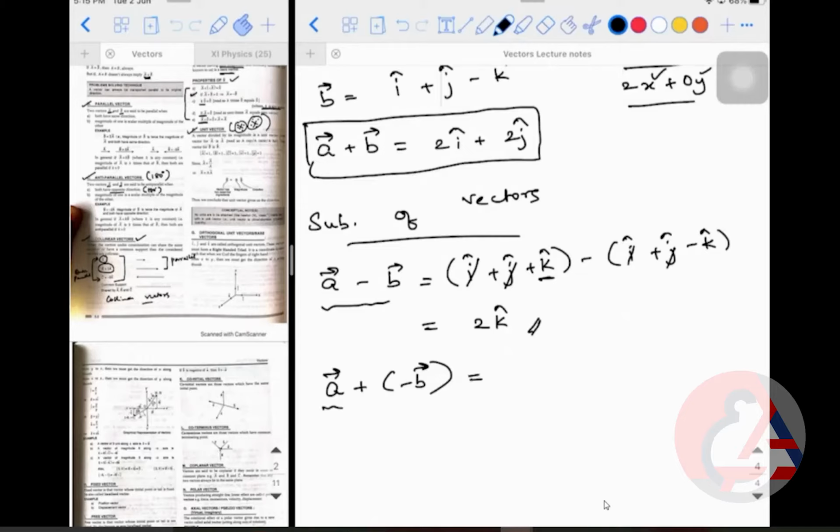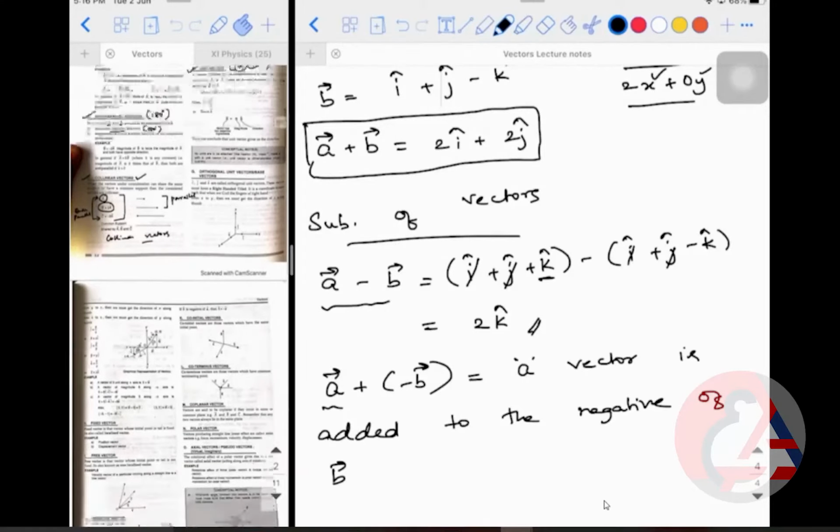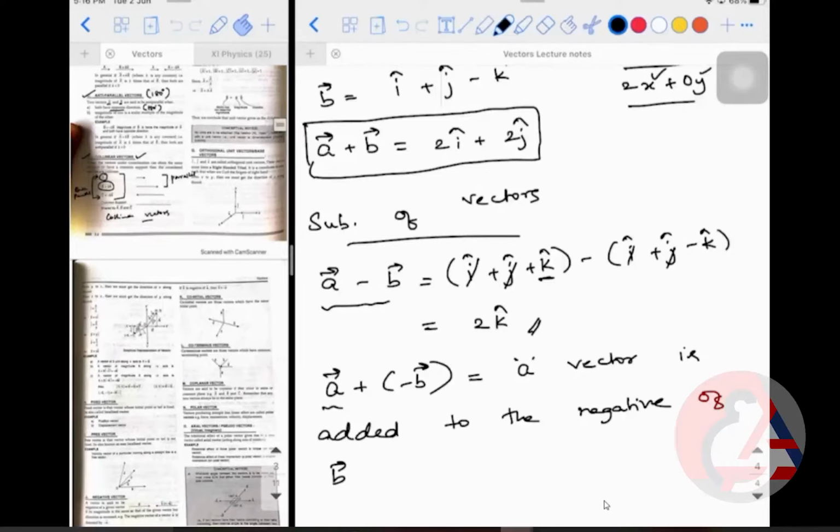So a vector is added to the negative of b vector. What I'm trying to conclude from this is subtraction of vectors is just the reverse process of addition of vectors. Subtraction and addition are not different concepts, they both are the same. Only thing is when you're subtracting something, you have to change the direction and subtract.